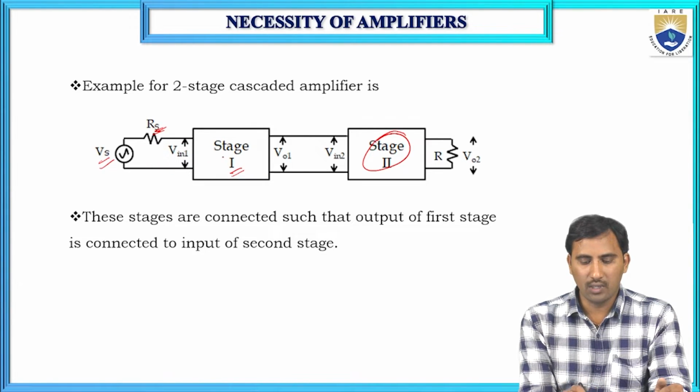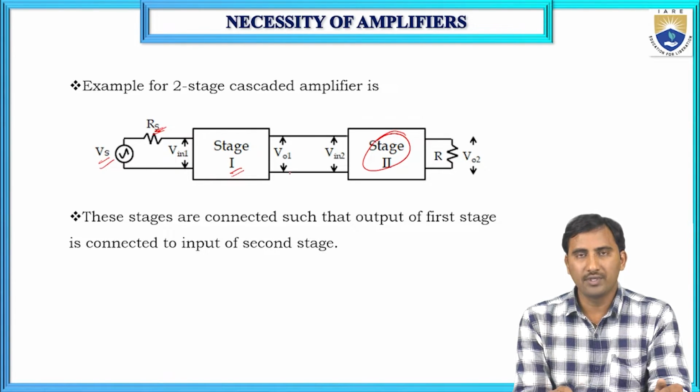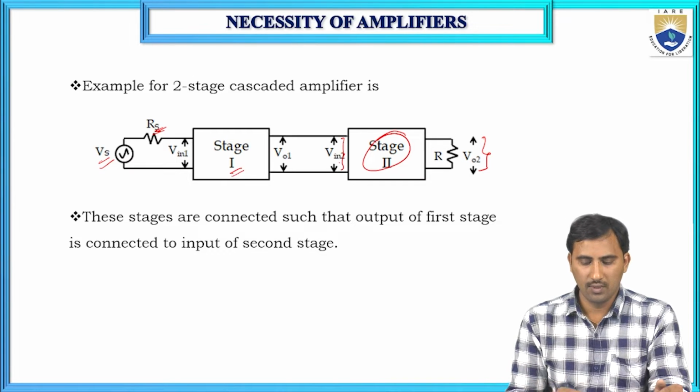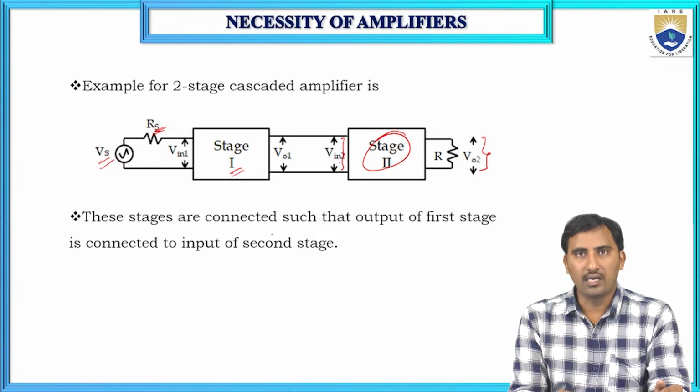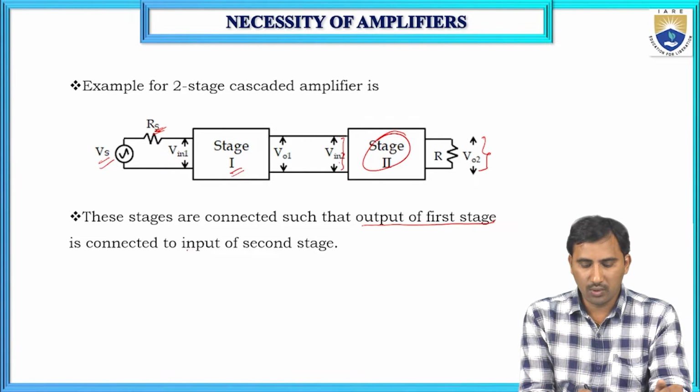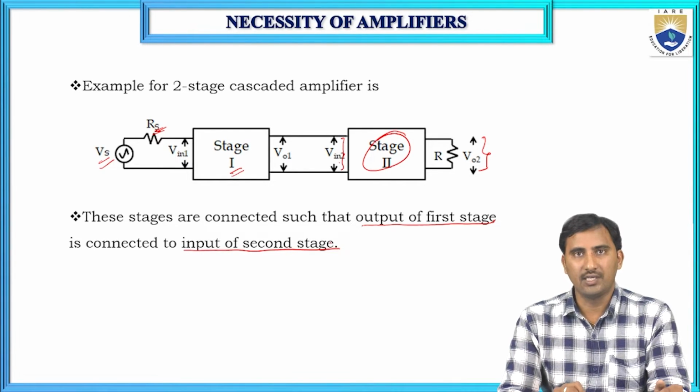The input is applied to stage 1, and the output of stage 1 we are giving to the input of stage 2. This is the input of the second stage. And finally, we are taking the output across the second stage. In this way we can connect any number of stages. These stages are connected such that the output of the first stage is connected to the input of the second stage.